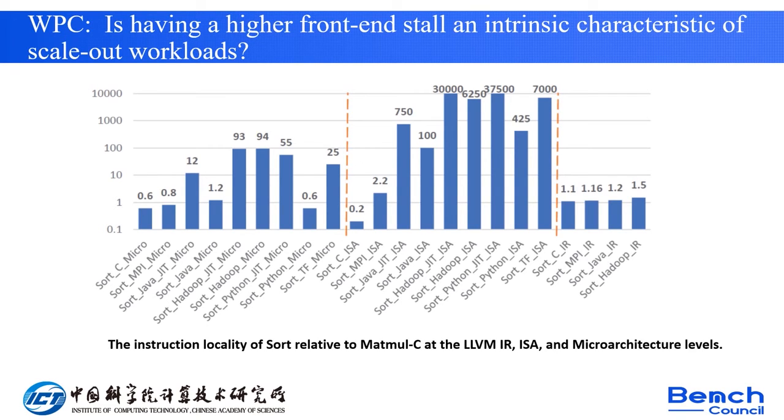When turning off JIT, the numbers at the ISA level also change, including Sort Hadoop. These results further confirm the impact of JIT on the instruction cache misses. Putting these together, we conclude that having a higher front-end stall is not the inherent characteristic of the scale-out workload.